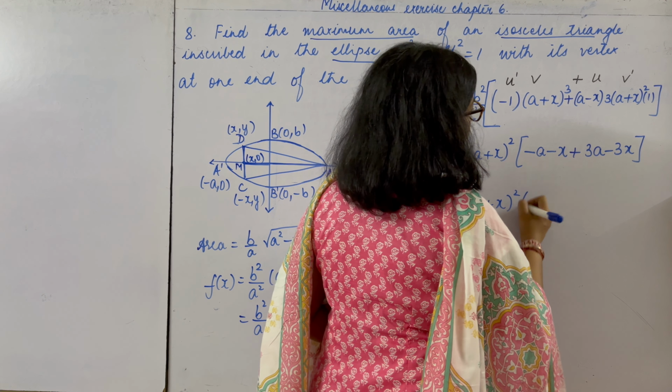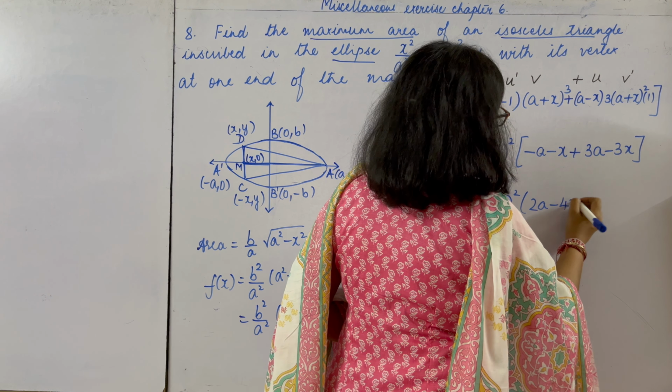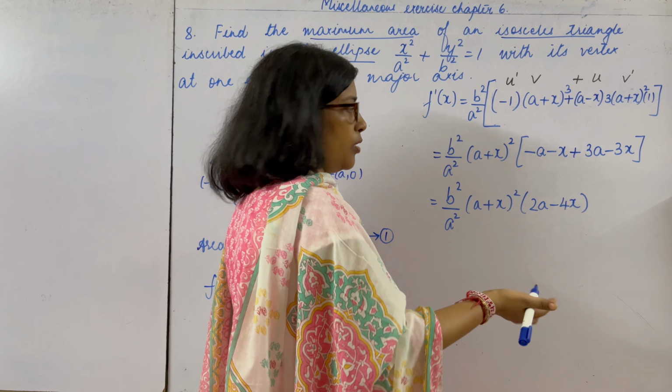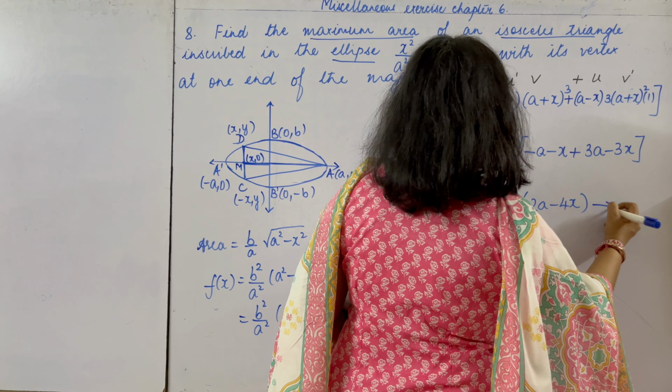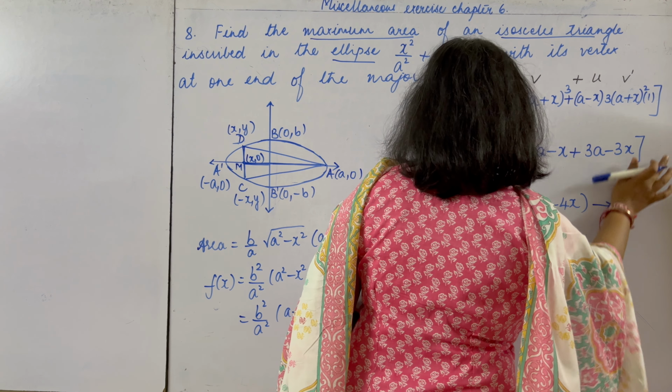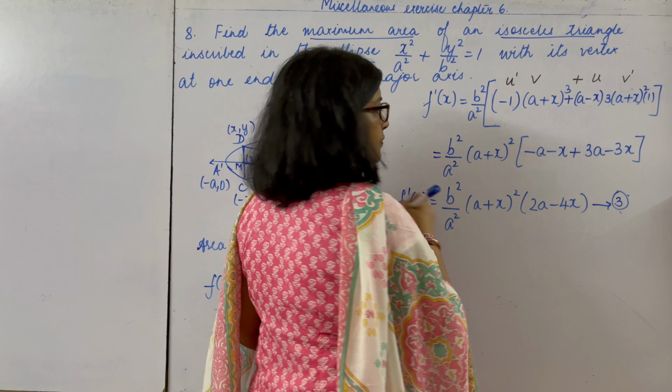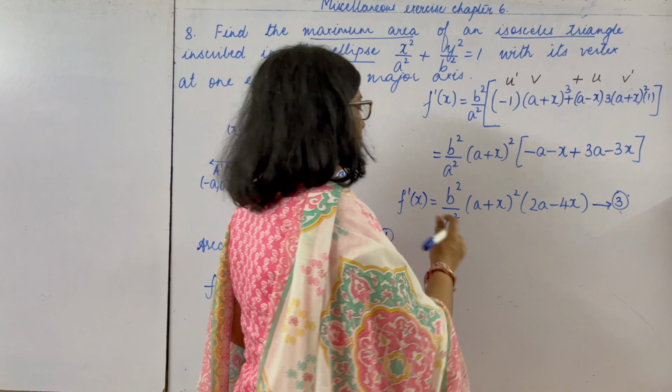So the simplified form of f dash x is this. You may take 2 common. So this is our f dash x. So obviously we have to find the critical point.